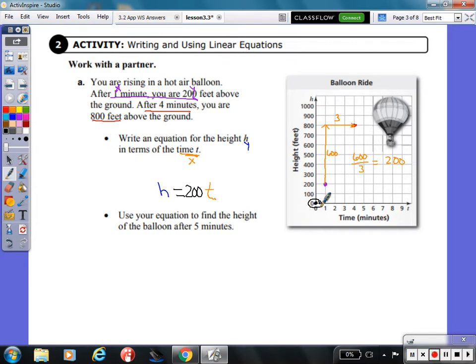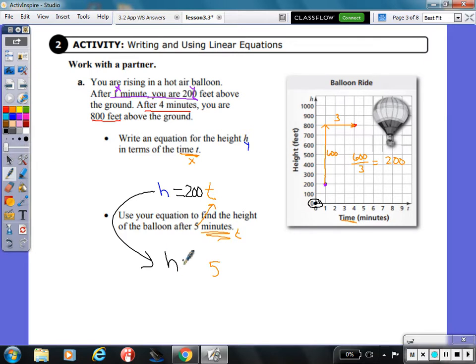For the second part, it says use your equation. So let's actually use this h equals to find the height of the balloon after 5 minutes. Well, that's 5 minutes. That's a time, so that goes in for the t. So we're going to plug 5 in for that t value, and then we'll solve.